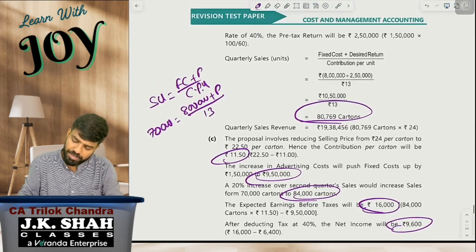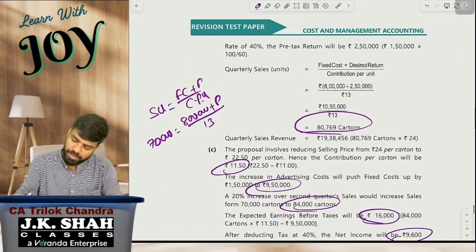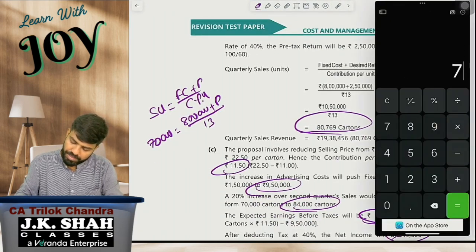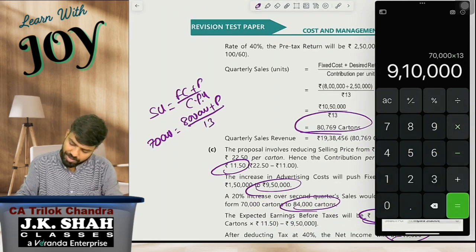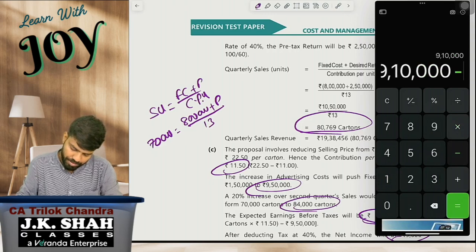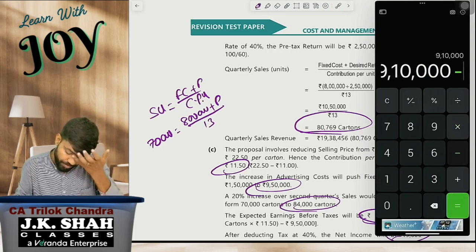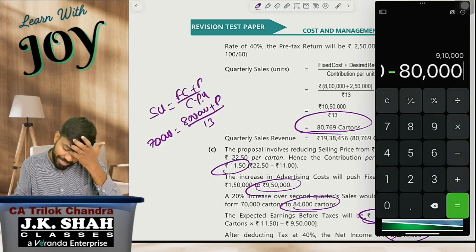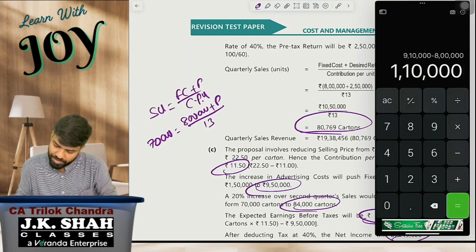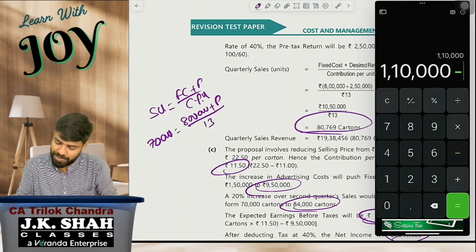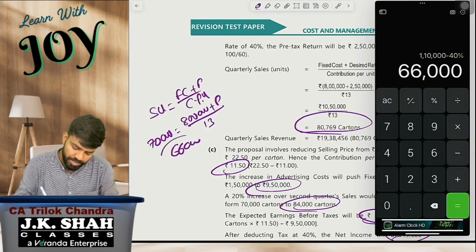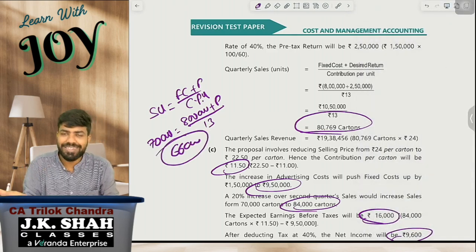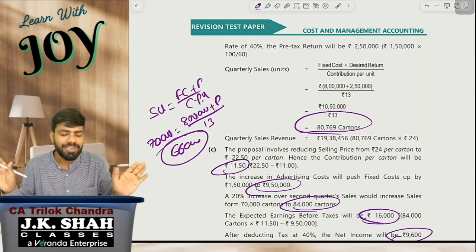Let us solve this. 70,000 into 13 equals 9,10,000 minus 8 lakhs equals 1,10,000, minus 40% tax, 66,000. This is the existing profit. New profit is 16,000. Existing profit is better, so we are not going to adopt the change in strategy.